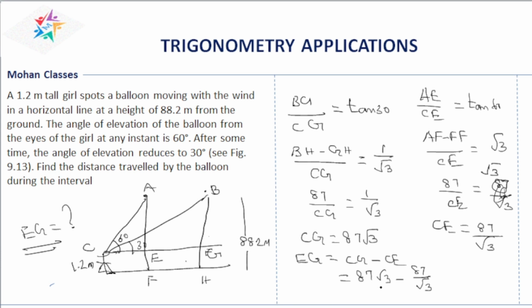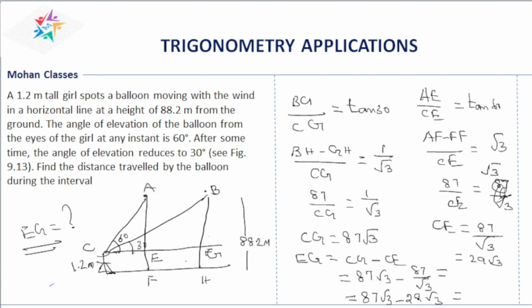This 87 root 3, 87 by root 3. So 87 by root 3 we can make it as 29 root 3. Clear? I multiplied both sides by root 3, so it will be easy for us to find 87 root 3 minus 29 root 3. Understand how I made it?